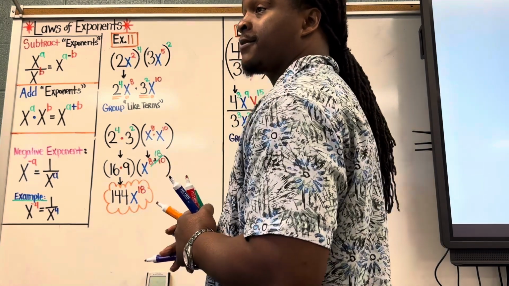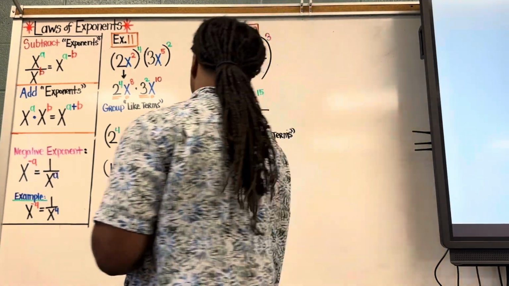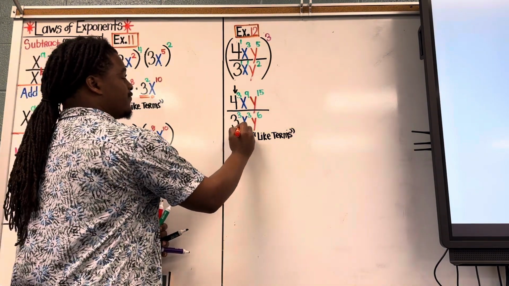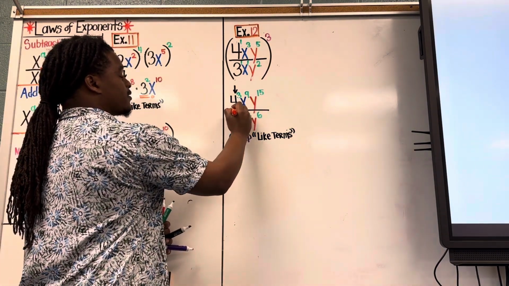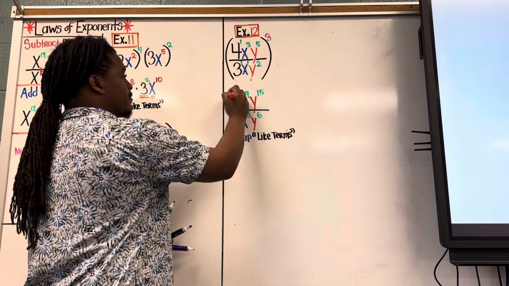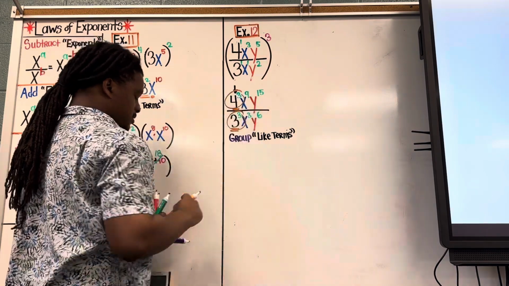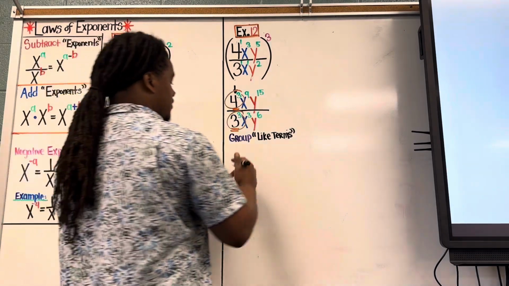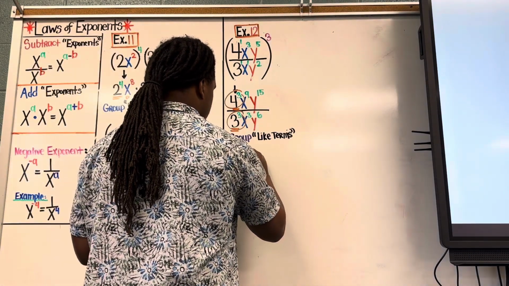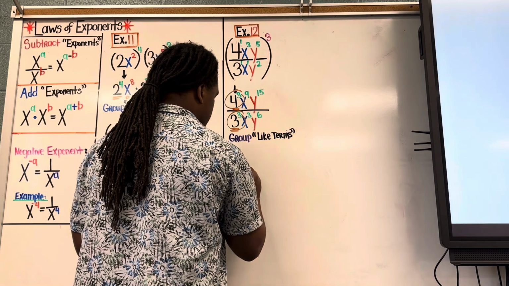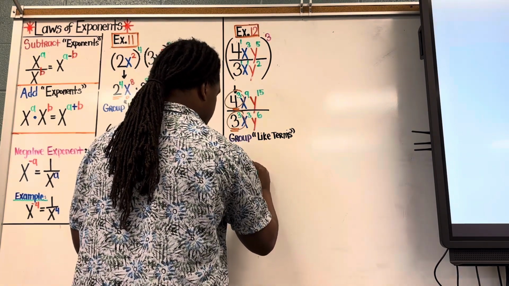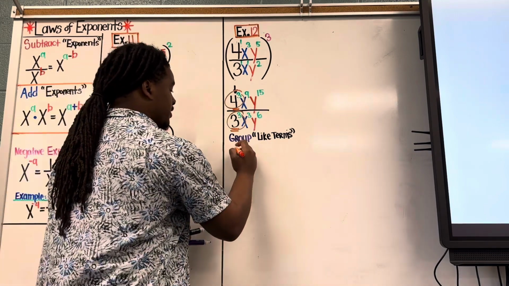The first set of like terms that we're going to group are the coefficients, which is 4 to the third power and 3 to the third power. I'm going to circle those, and we're just going to rewrite them in their own brackets. So we're going to have 4 to the third power over 3 to the third power, in its own bracket.